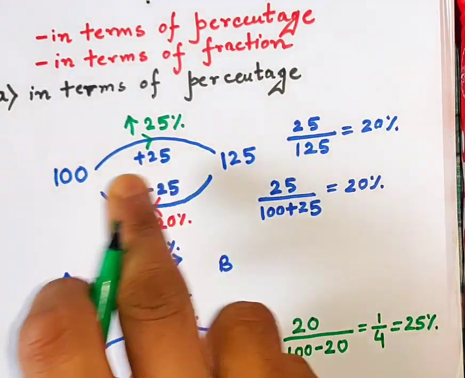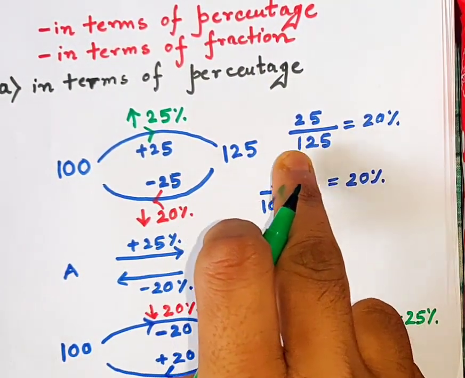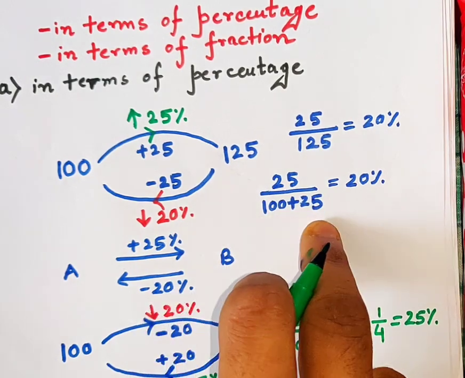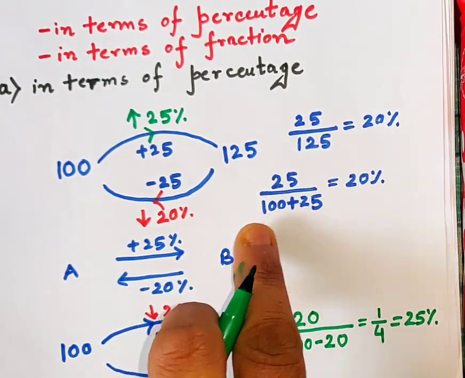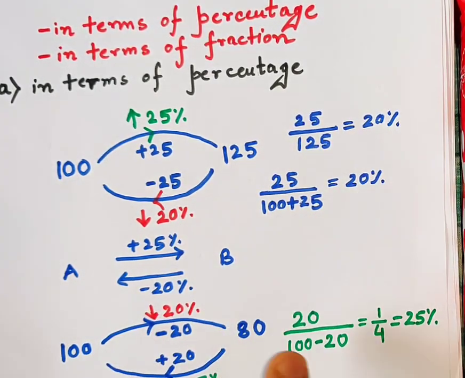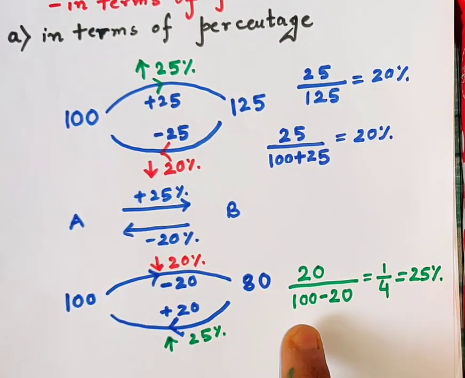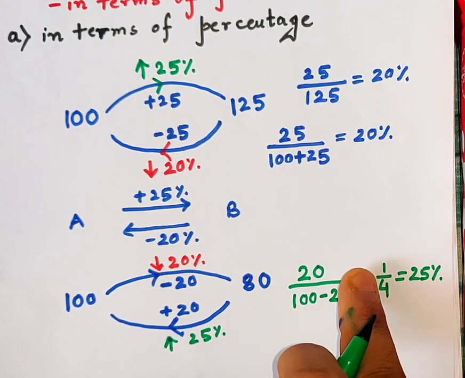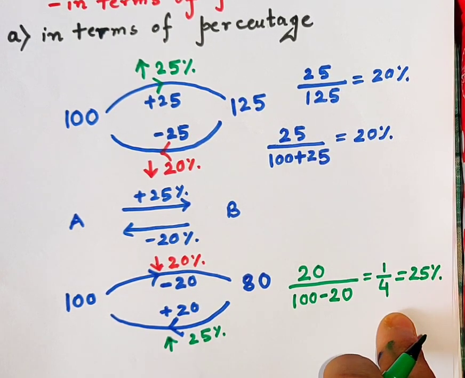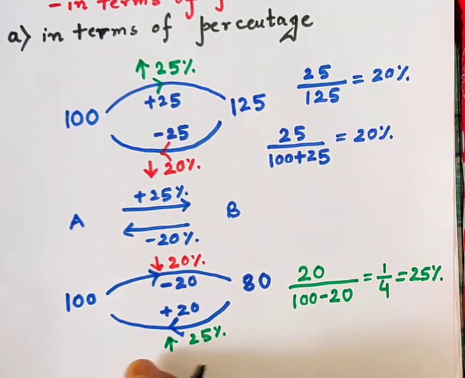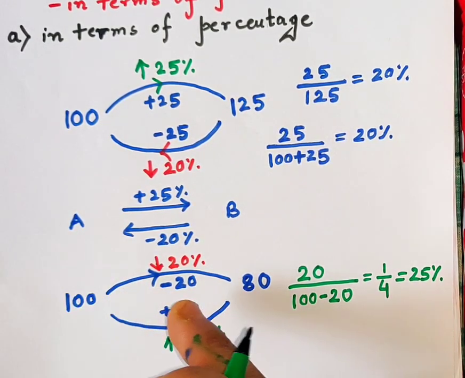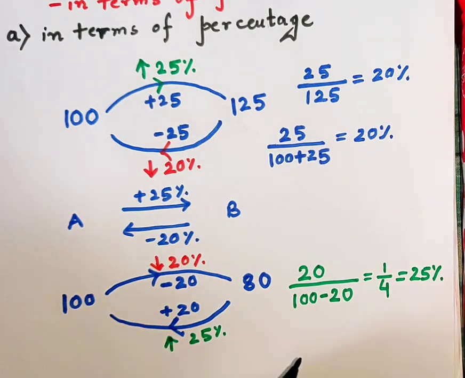In the other case, since you increased the base, the percentage by which you increase, 25, divided by 100 plus 25, is 20%. Since in this you reduced the base, the denominator has reduced, so 1 by 4 equals 25%. So if you reduce it by 20%, you need to increase by 25% to get back to the initial value.